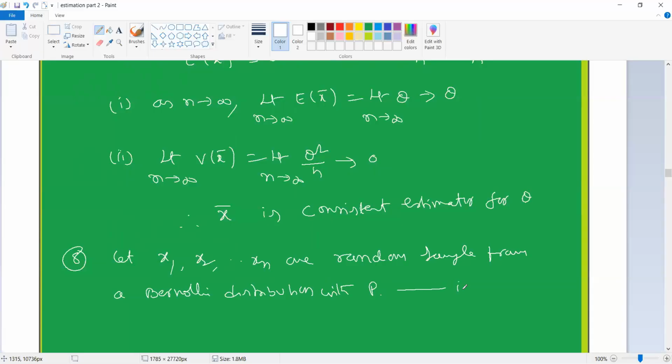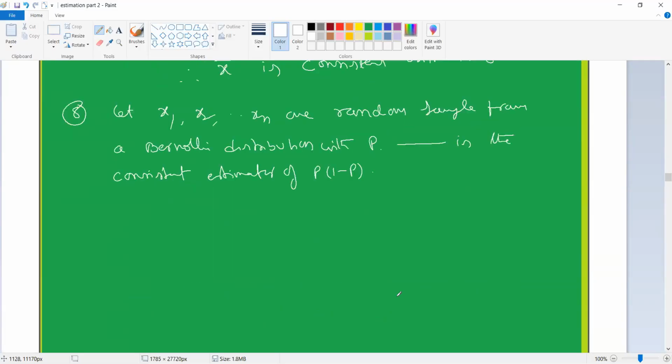Find the consistent estimator of p into 1 minus p. Very, very important one. It is a direct question.